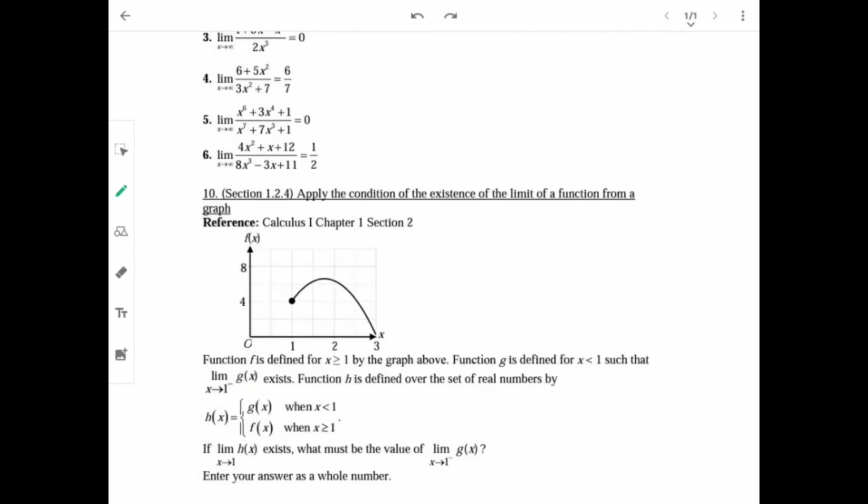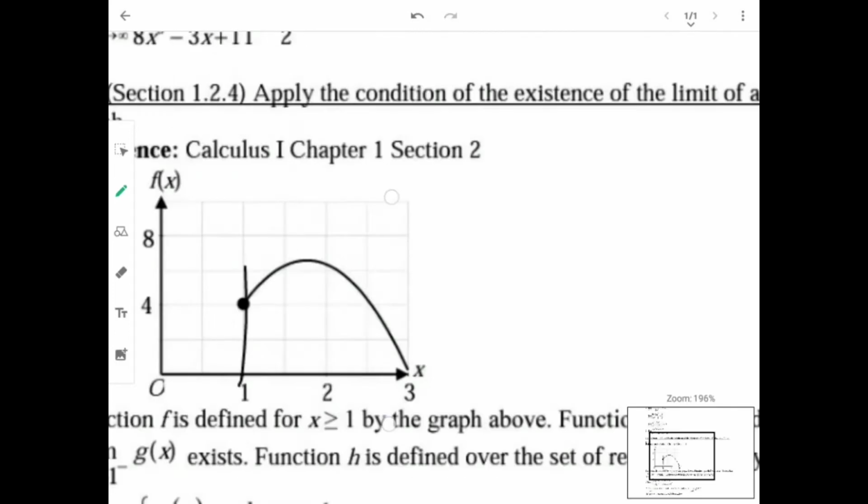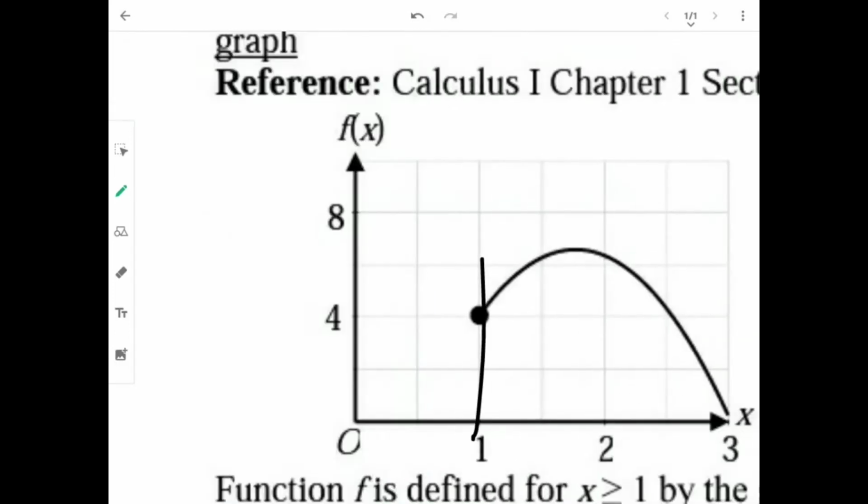Okay, so for number 10, it's very simple and easy, because they said the limit has to exist at 1, so over here. For it to exist, the left limit must be equal to the right limit. So the right limit is 4, so what should be the left limit?